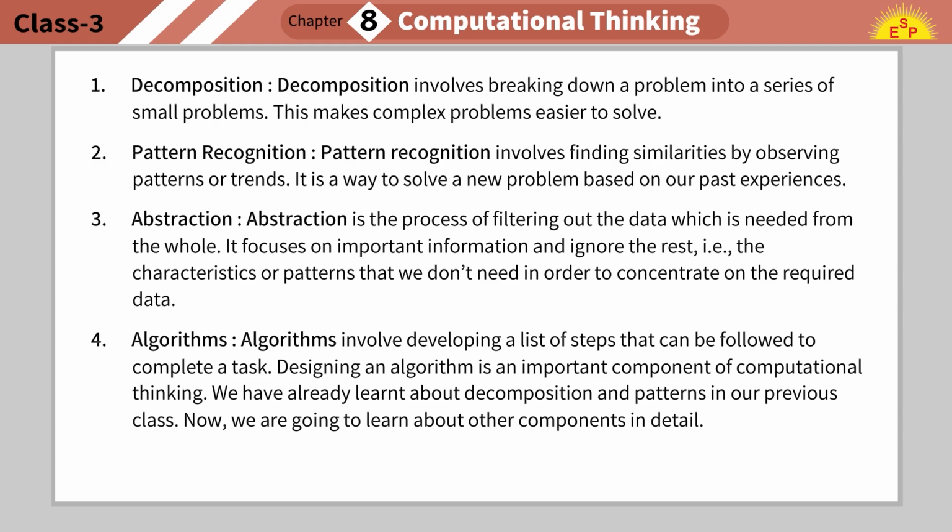Algorithms involve developing a list of steps that can be followed to complete a task. Designing an algorithm is an important component of computational thinking. We have already learnt about decomposition and patterns in our previous class. Now, we are going to learn about the other components in detail.